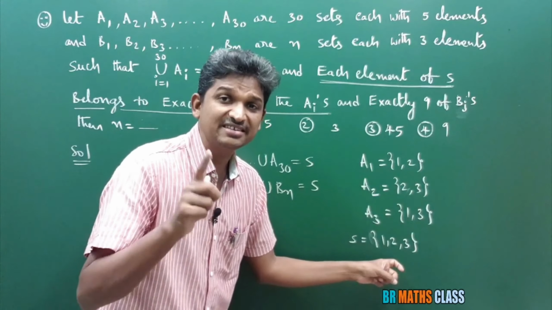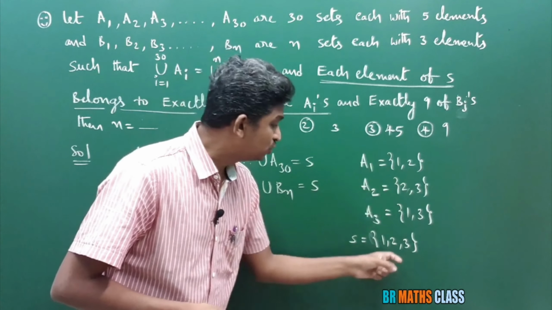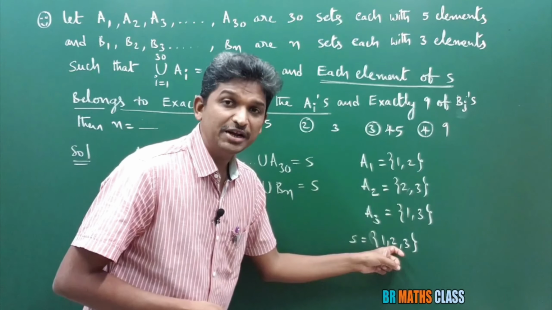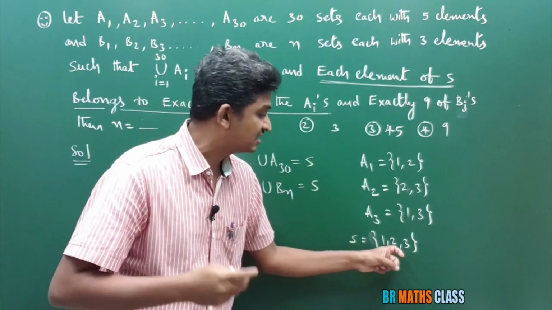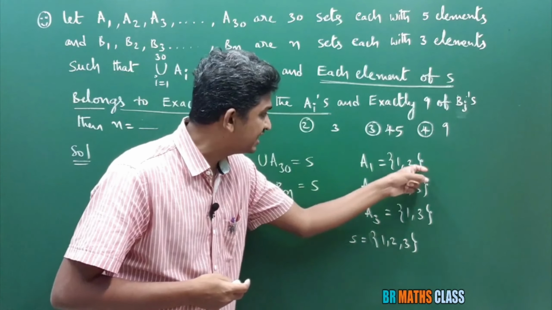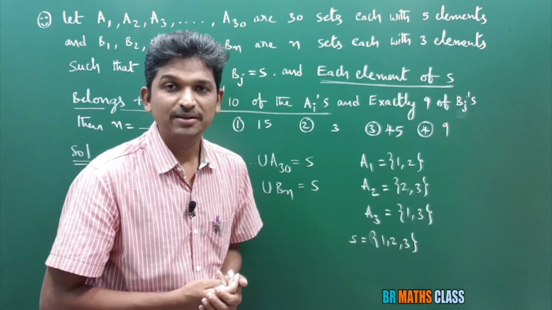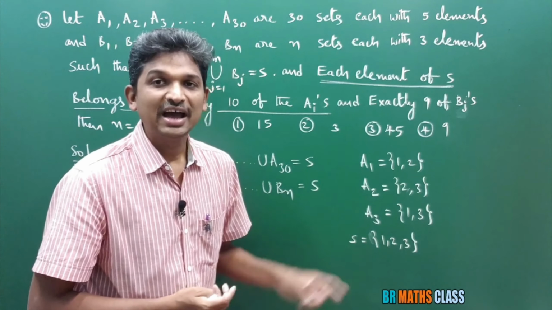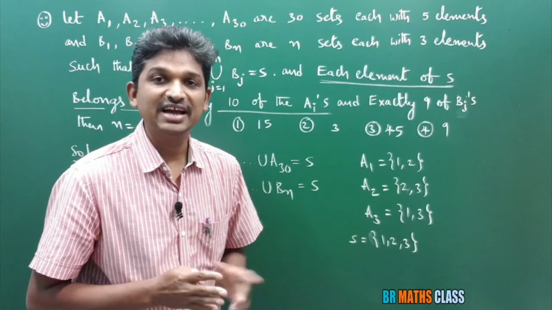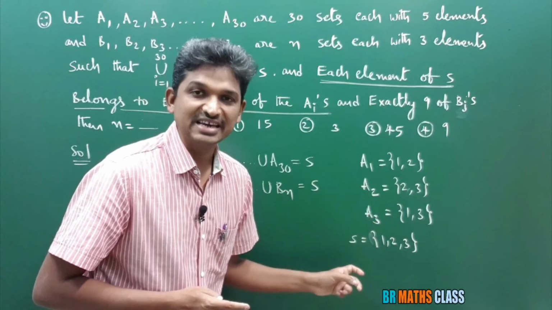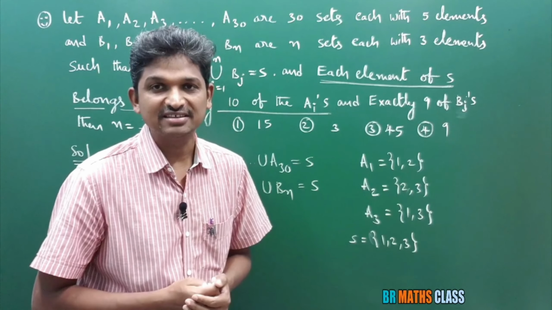Take 2, which is an element of S; it is there in 2 sets only. In that way I considered this example: 3 sets, each set with 2 elements, such that the union of these 3 sets is S and each element of S is in exactly 2 of the A_i's.